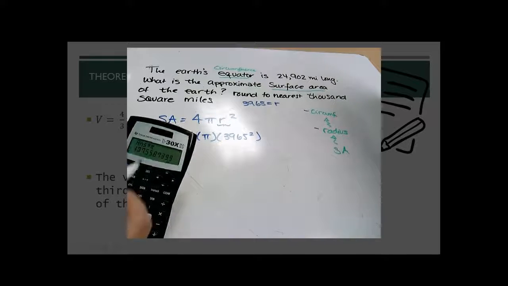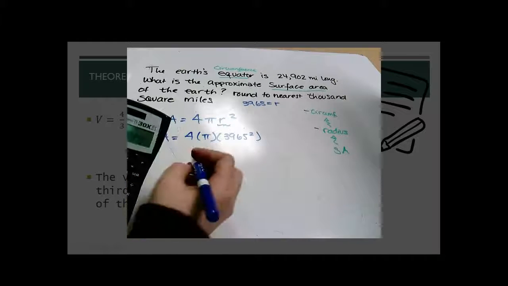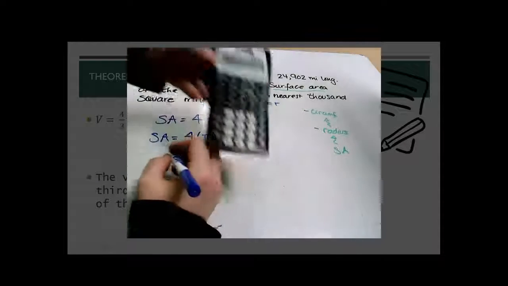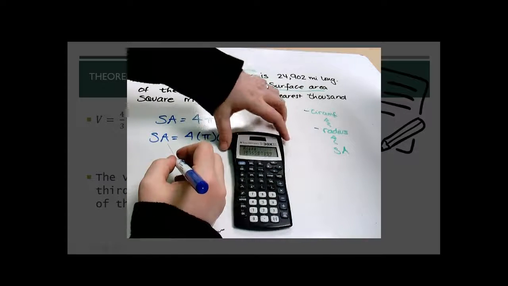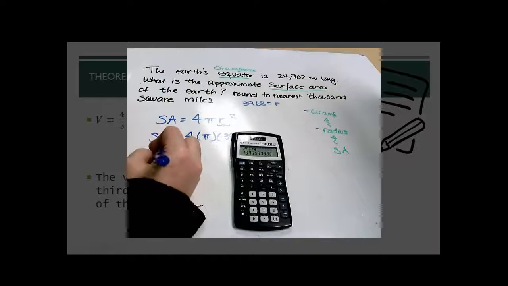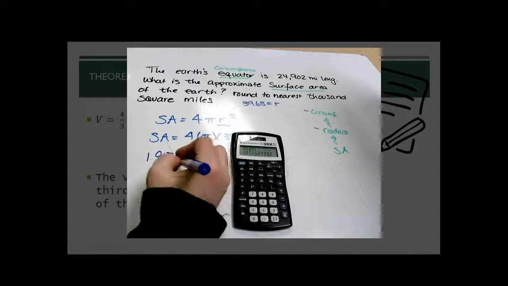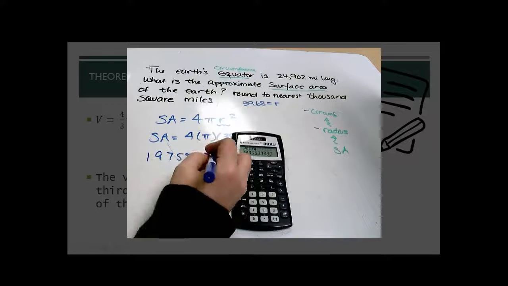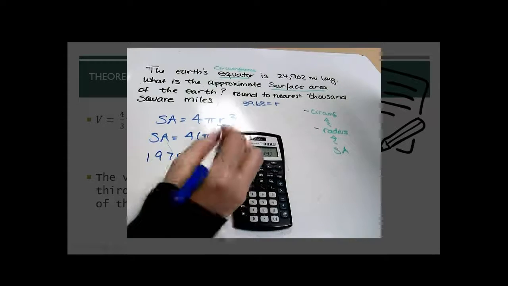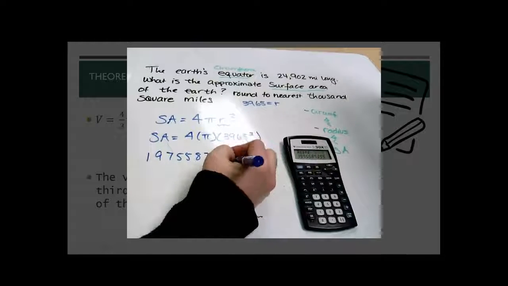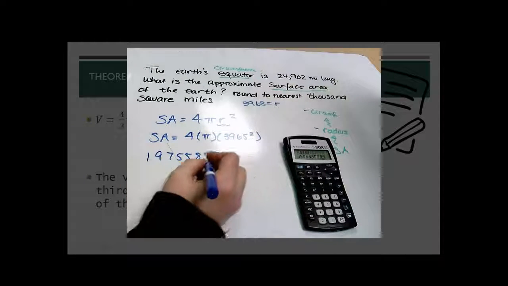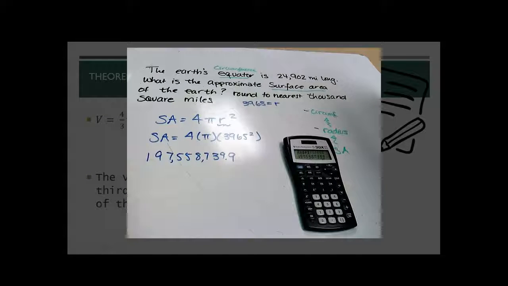It gives me roughly how many square miles are the surface area of the Earth. So I've got 197,558,739.9. So roughly 197 million square miles for the surface area.